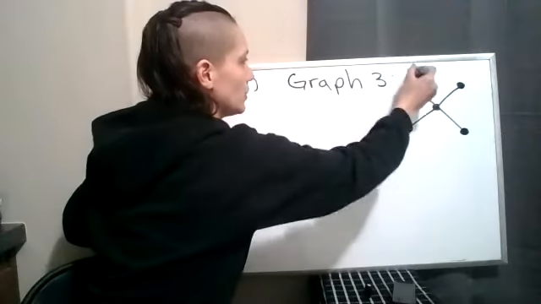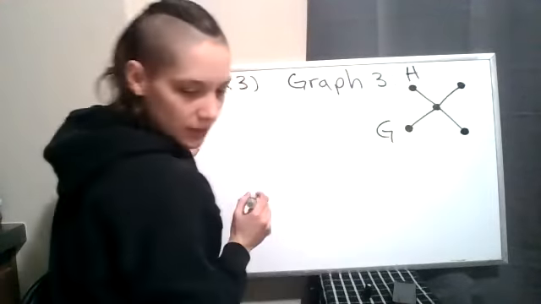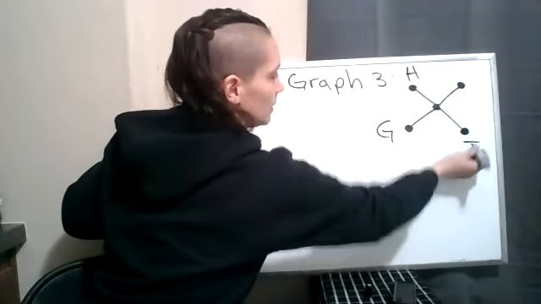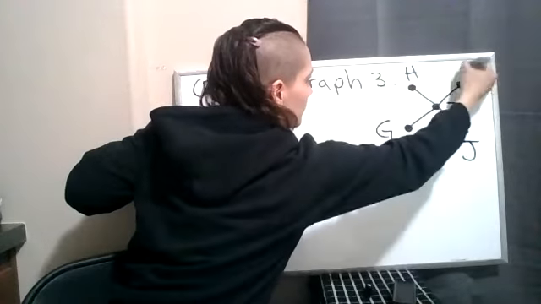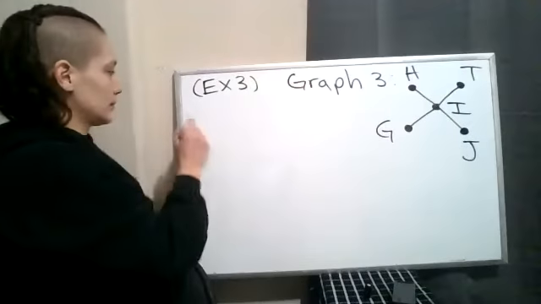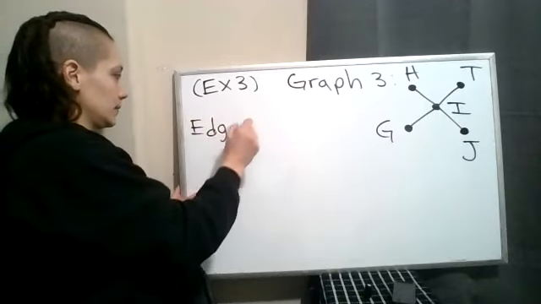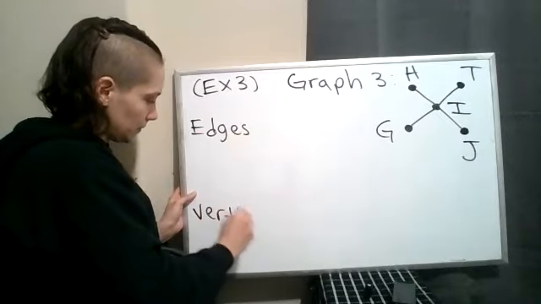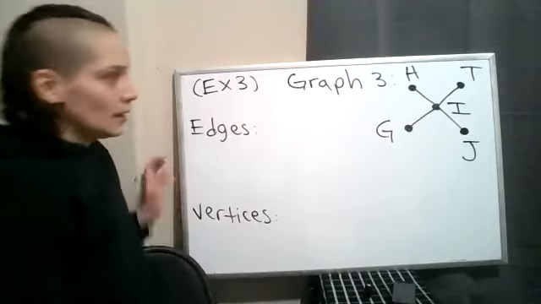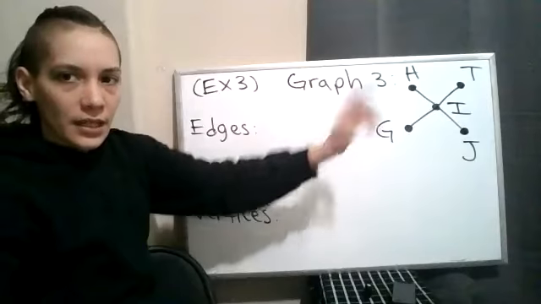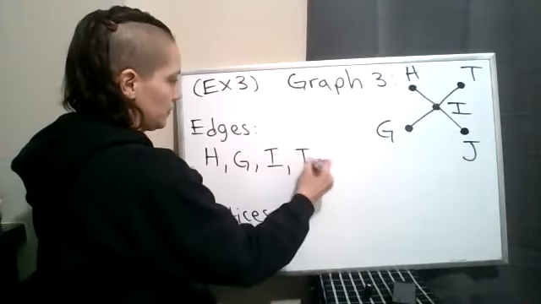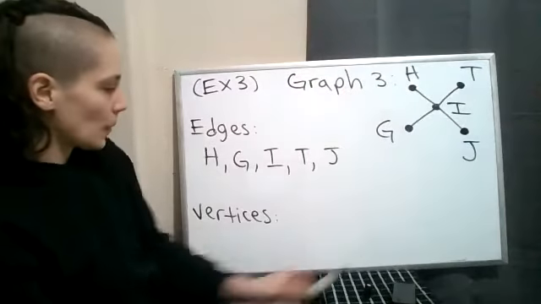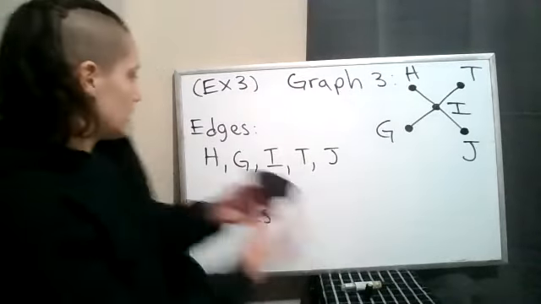Labels are H, G, J. This is I, and that's T. Okay, so we need H, G, I, T, J. Oh, that's the vertices.